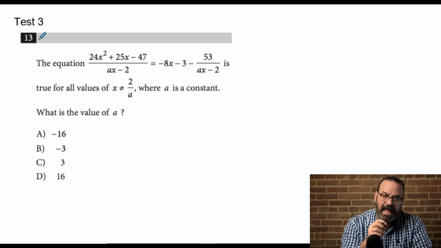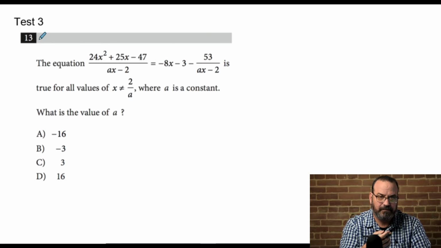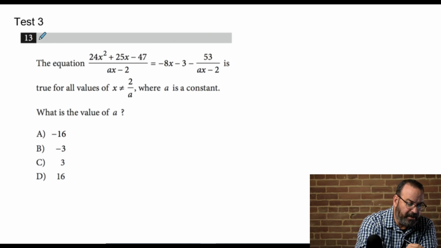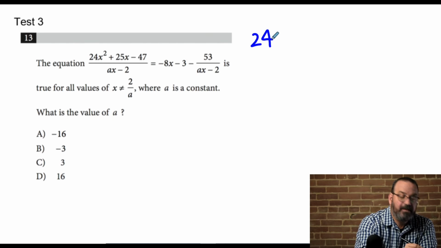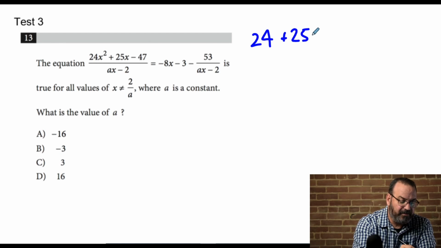Well, because a is a coefficient of x, if I plug in 0 for x, I eliminate the a, so this isn't going to work. So I have to go with 1. All right, ready? 24 times 1 squared is 24, plus 25 times 1 is 25, minus 47, all over a.